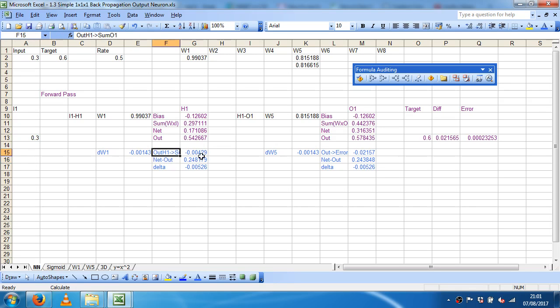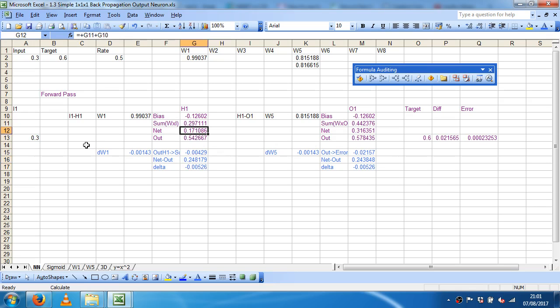Doesn't quite fit in my cell, but I think it's okay. Let's just check that value again. So yes, that's weight 5 times the delta. I'm going to keep the delta again here, in case that proves useful for reuse. It certainly did before, because we were using that here. This delta H1, delta W1. Let's see. So we've got back as far as that, that matches that step there. So this delta gets us back as far as the net.